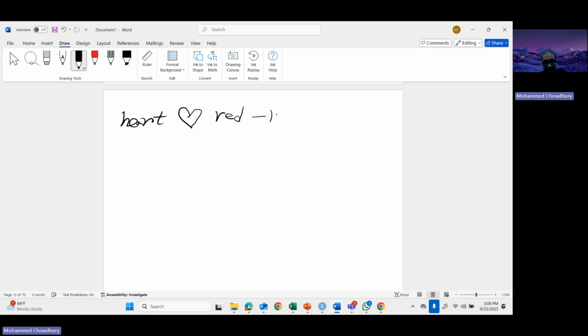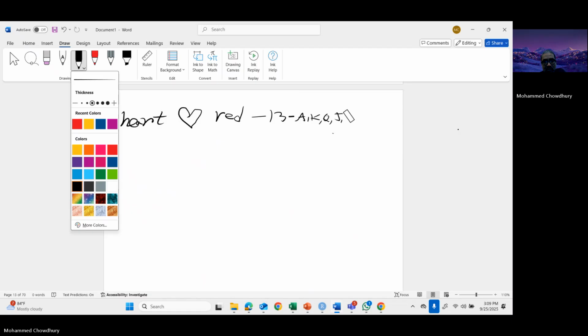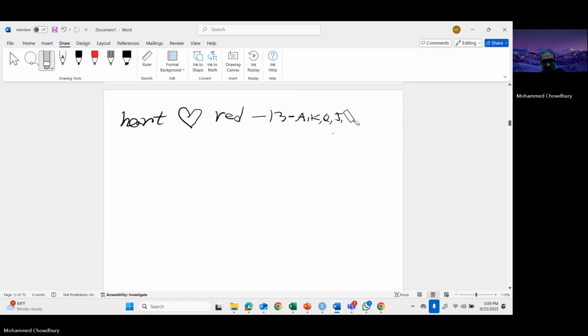The 13 cards have the labels A, king, queen, jack, and numbers 2, 3, 4, 5, 6, 7, 8, 9, and 10.